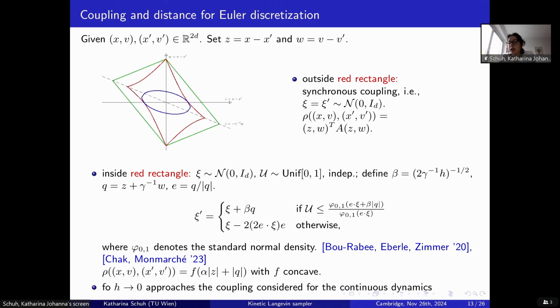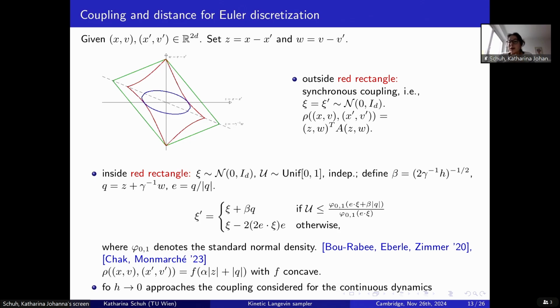Define here our B, and here you see that B now depends on our discretization step H. And then we set our psi prime with maximal probability equal to psi plus beta times Q, where Q is of this form here. In particular, if Q is 0, then we would be on this dashed line here. And if Q gets larger, then we move away from this dashed line.